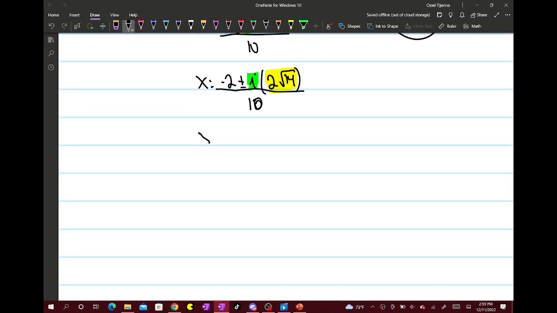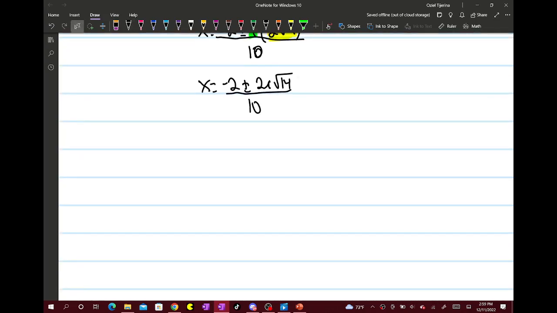So then this is x equals -2 plus or minus 2i square root of 14, all over 10. Now we can go ahead and factor a 2 from there. So we have x equals 2 times negative 1 plus or minus i square root of 14.